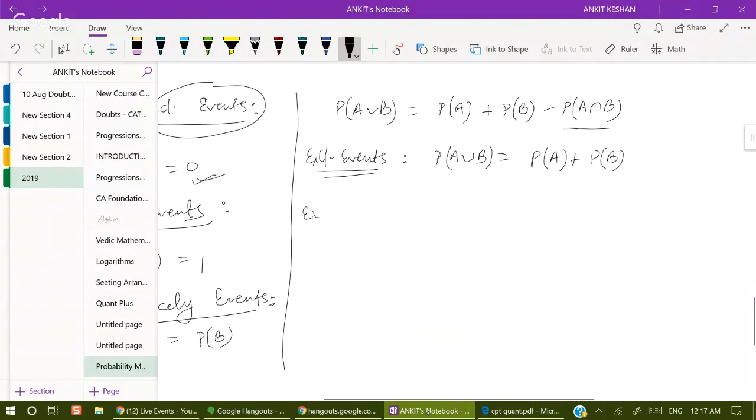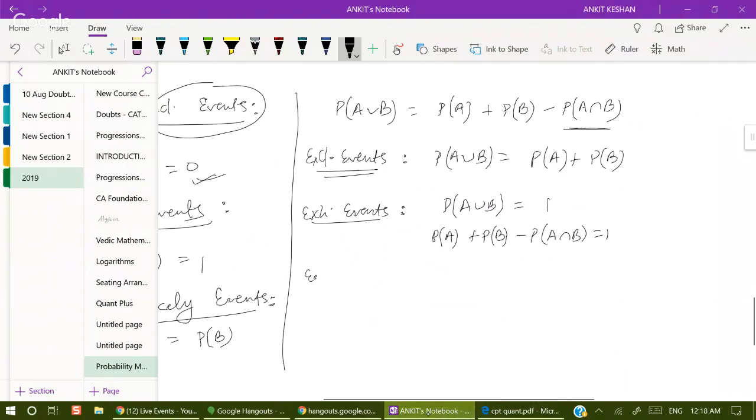For exhaustive events, the probability of A union B is equal to 1. That means PA plus PB minus P(A intersection B) is equal to 1.